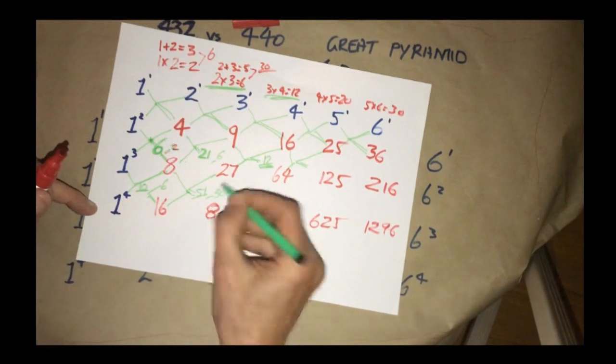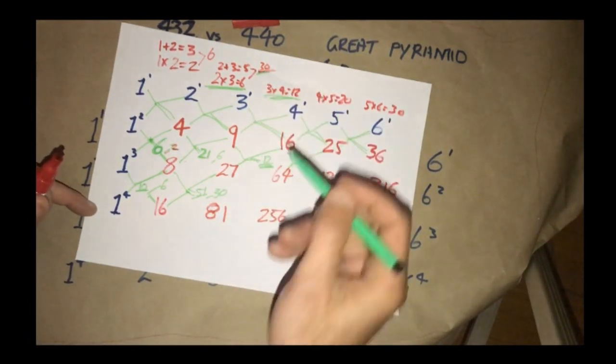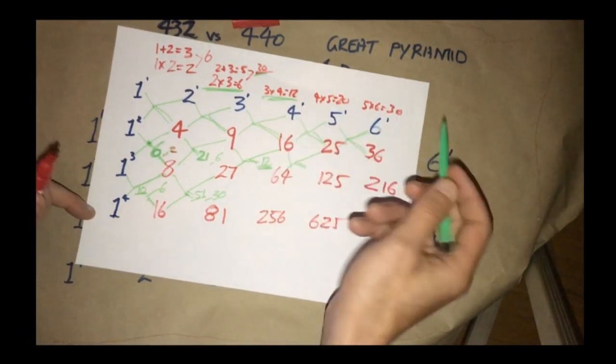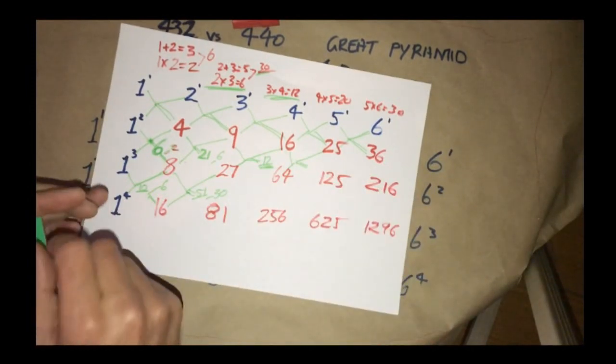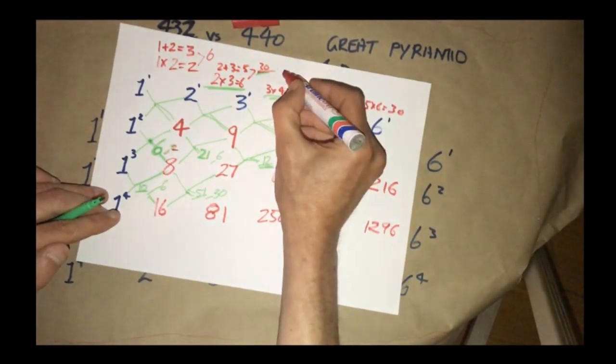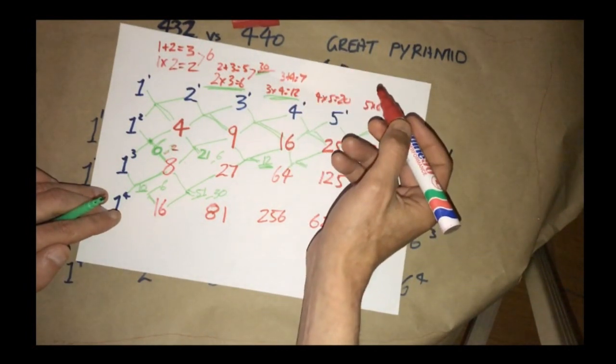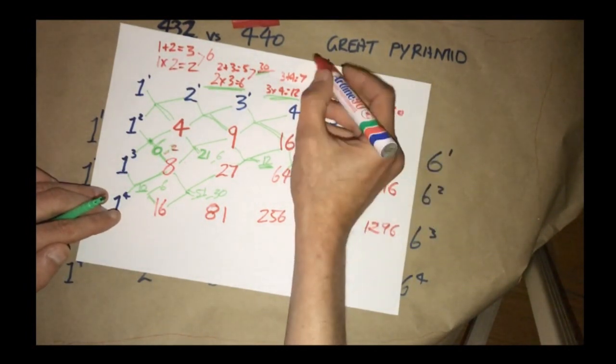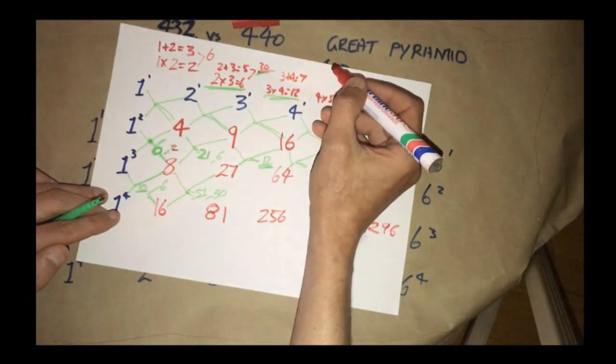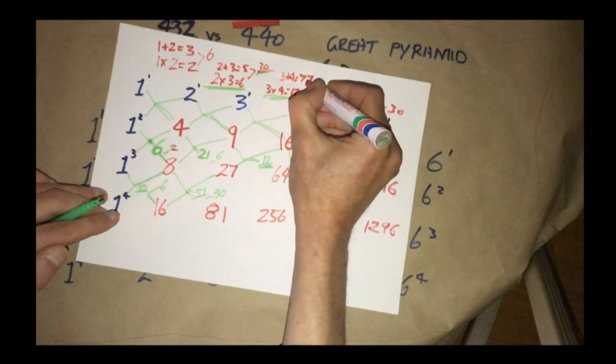Therefore we're missing 30, and there we have it, 30. And that same rule is going to apply. So the next one would be 3 plus 4 equals 7. 7 times 12 is 84. Is that right? Yep, 7 times 12, 70, yep, 84.